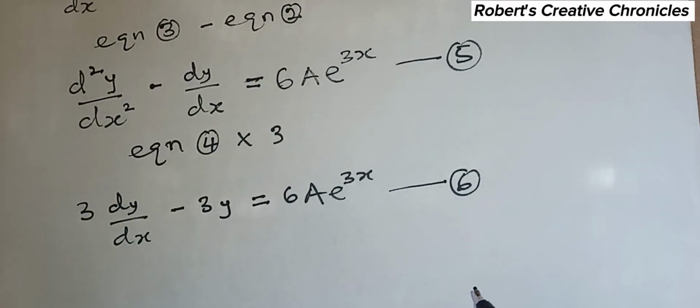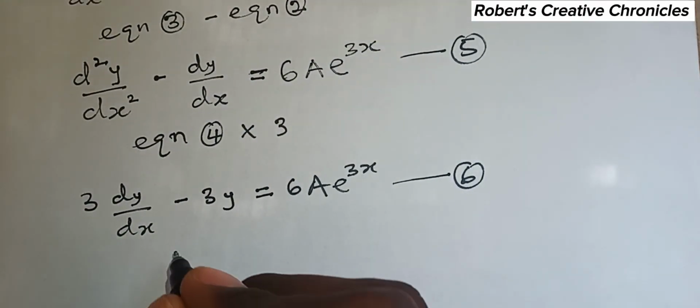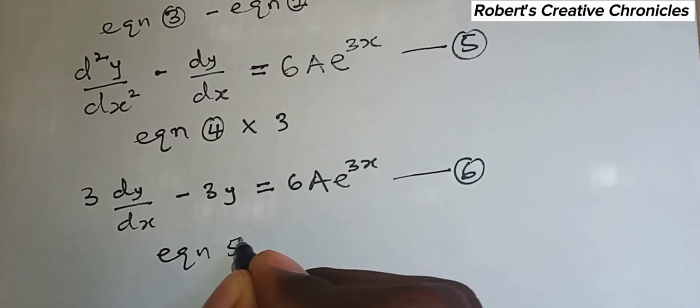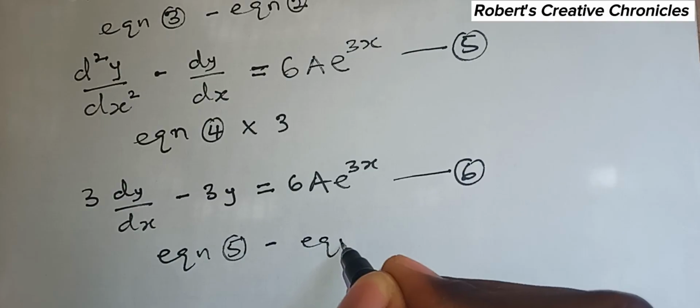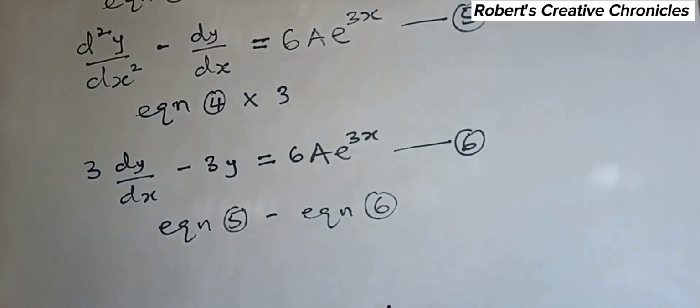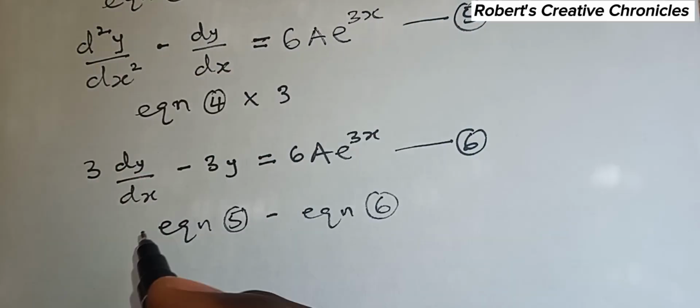So now I will say equation 5 minus equation 6, so I can remove this constant. This minus this, let's do it.